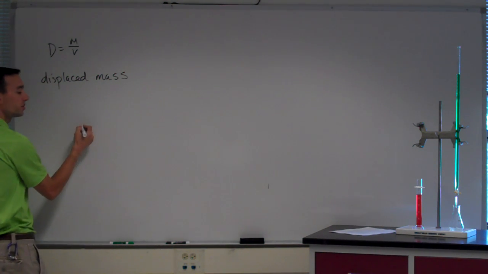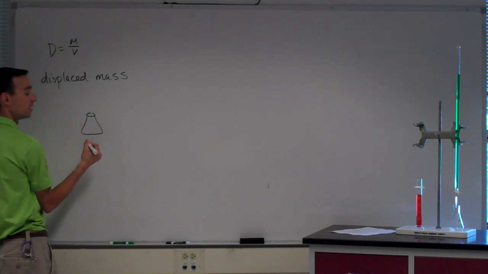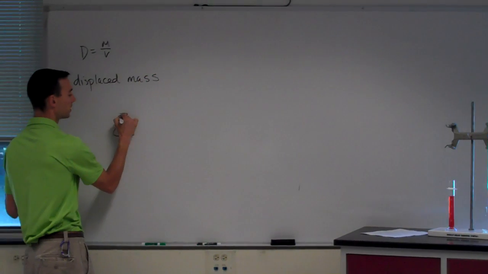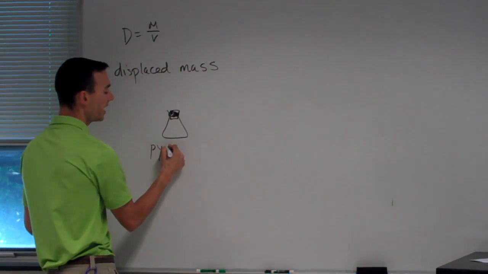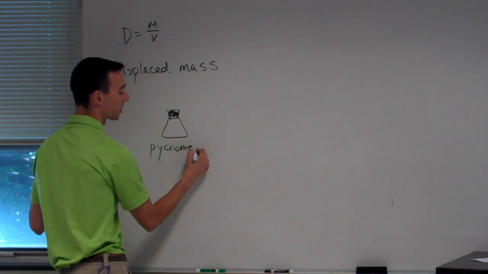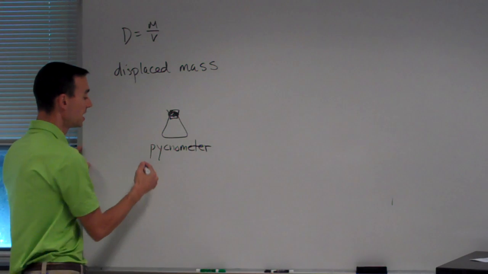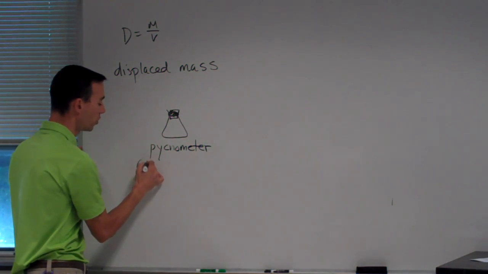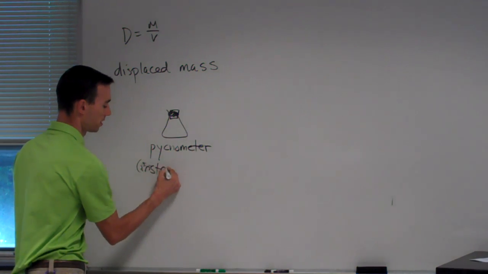And we will use a small Erlenmeyer flask with a stopper in it, a glass stopper, to create what we call a pycnometer. In chemistry, a pycnometer is simply a device, or an instrument, with a known volume.